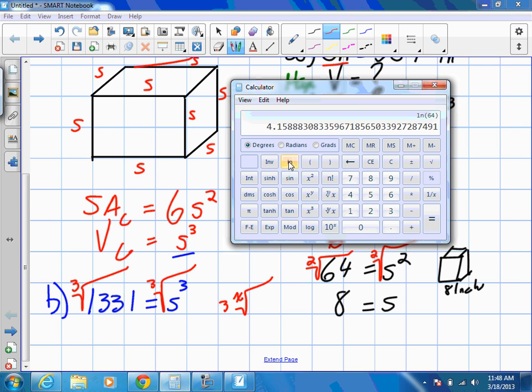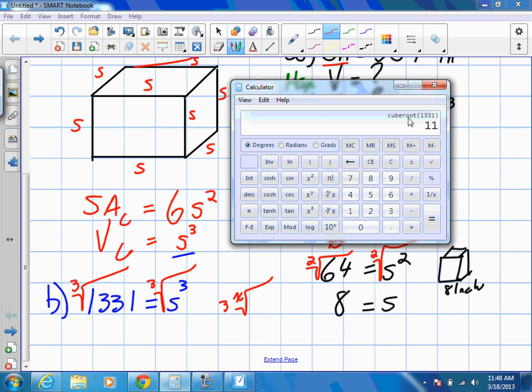When I invert this, here it is. Mine says y and then the square root of x. So I'm going to push 1331. Then I'm going to hit this button here. Oh no, actually mine has a 3 there. So I can just hit this button and it says cube root right here.